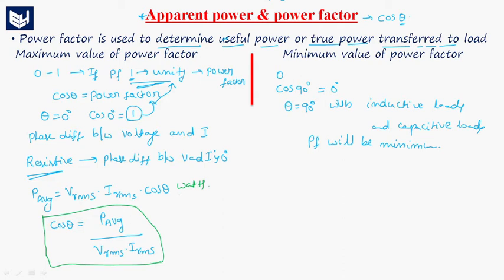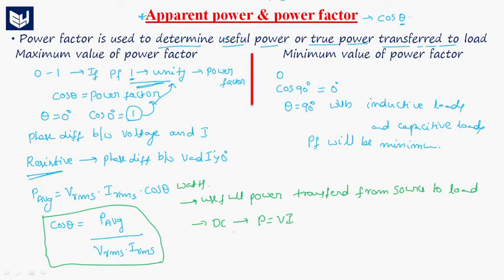This is the useful power transferred from source to load. If you consider a DC supply, what is the formula for power? Power is equal to V into I.